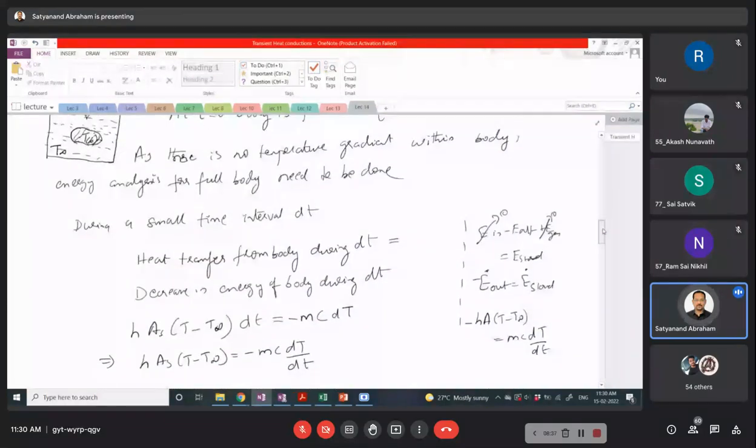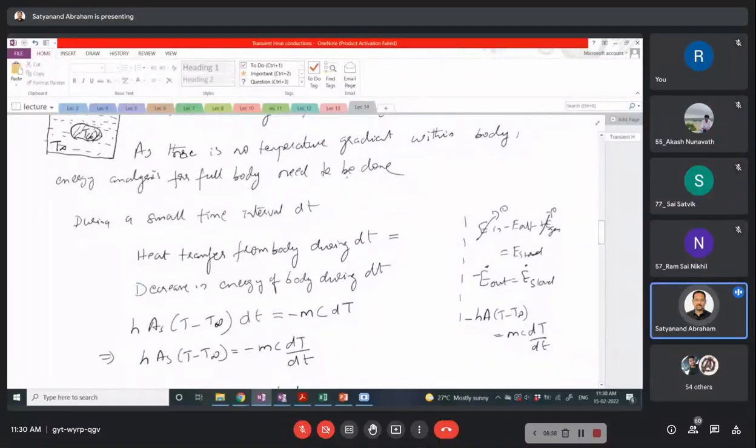So we know that the body is going to lose heat to the surrounding fluid. Since we are not dealing with heat conduction within the body, we cannot use the heat diffusion equations, because minus k dT by dx is not valid, since dT by dx is going to be 0 here. So we have to go for the basic energy balance. Over a small interval dt, heat transferred from the body is equal to the decrease in energy of the body, since there is no heat generation.